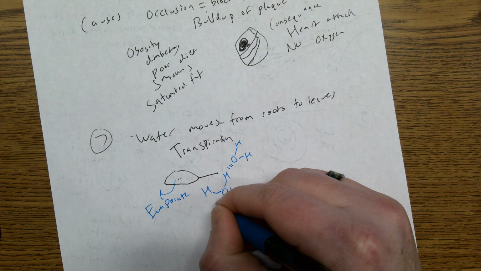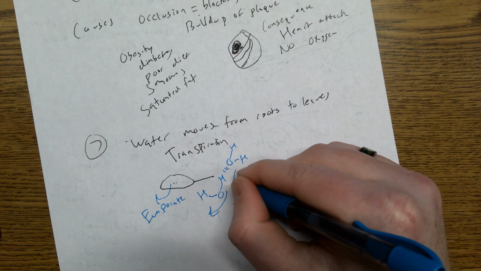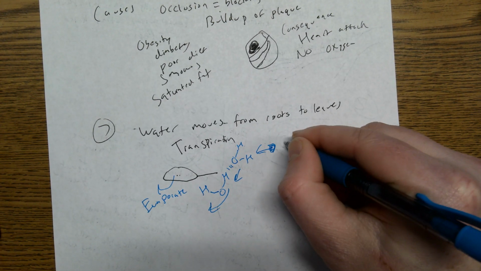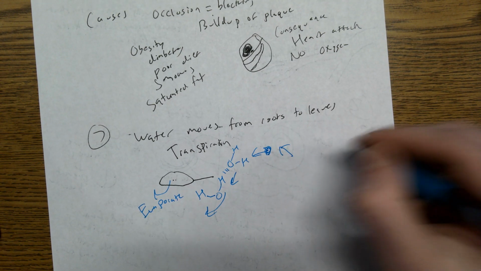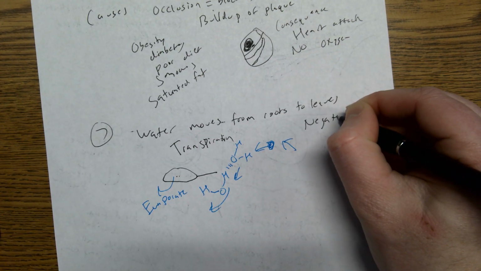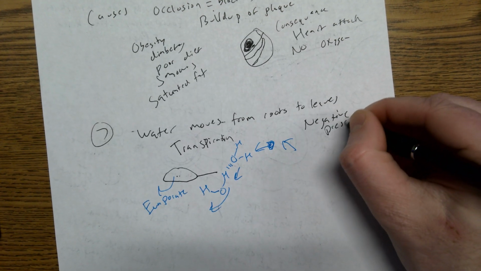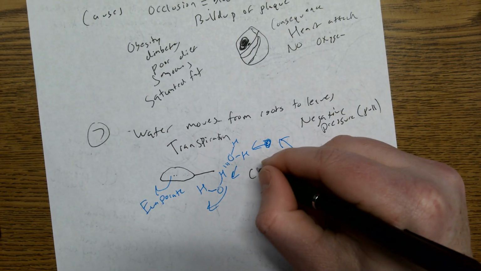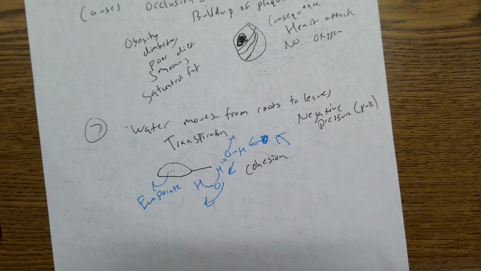And so as this one leaves, it's going to tug on this one too, right? And it's going to create this chain of pulling. Okay? So it's creating a negative pressure or a pull. And so this is cohesion causing this pulling effect.